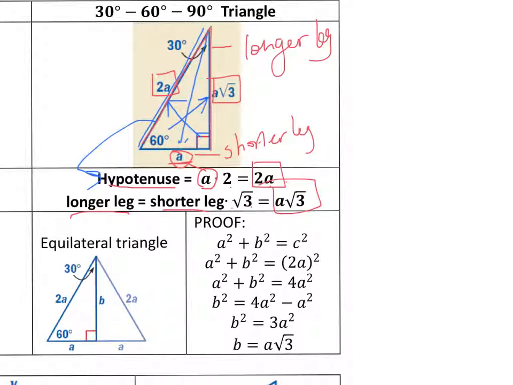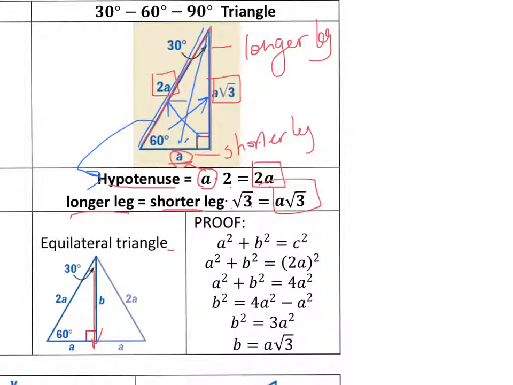Let's take a look at the proof. Here we have an equilateral triangle with an angle bisector down the middle. So I cut this equilateral triangle into two equal 30, 60, 90 triangles.